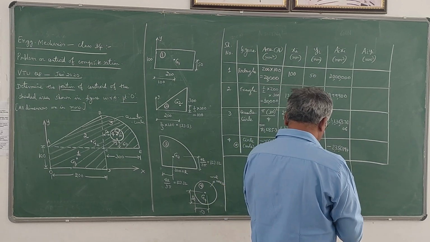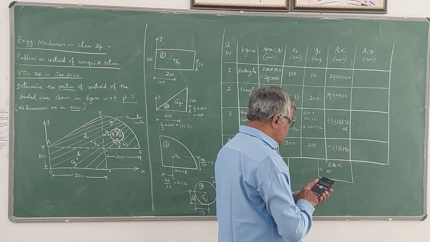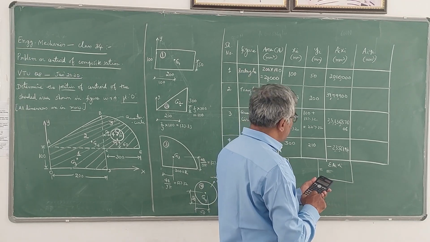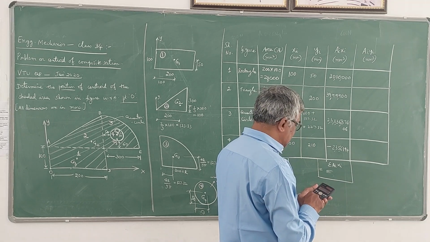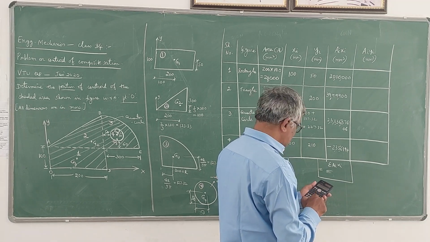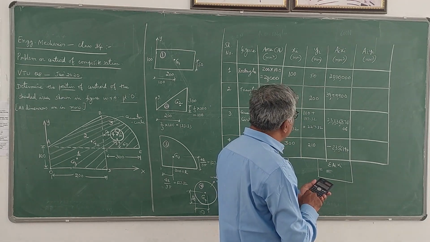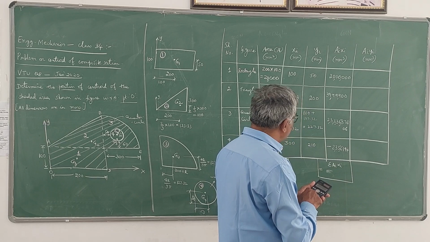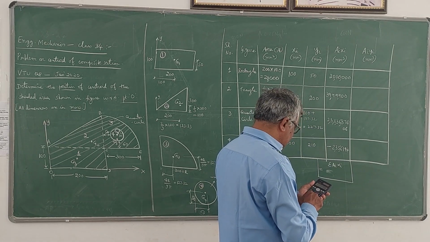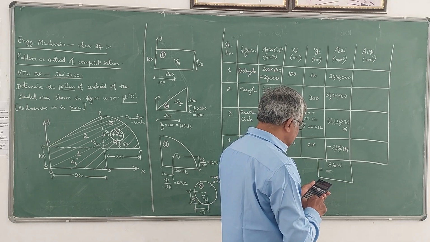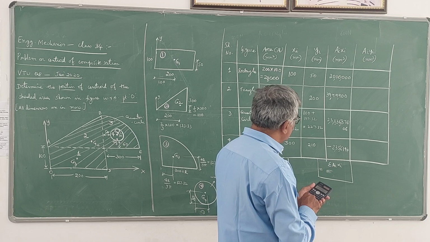So if you add them, you will get 2 followed by 6 zeros, 2000000 plus 3999900 plus 23136876.06 minus 2356194.